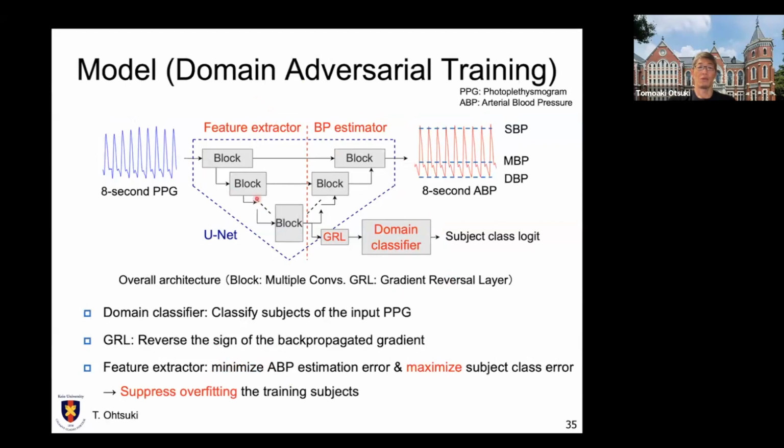This is to suppress overfitting to the training subjects. Sometimes we want to improve inter-subject, sometimes intra-subject BP estimation accuracy. That's why we apply this kind of technique. I won't go into detail, but you can see more detailed information in the paper.